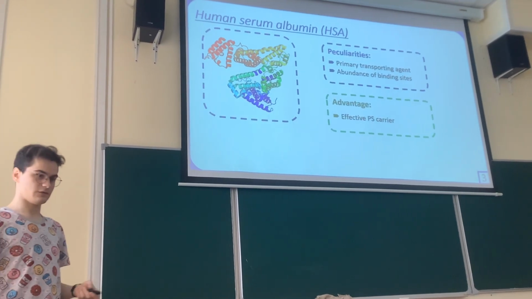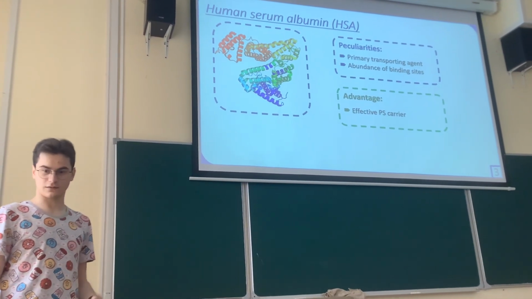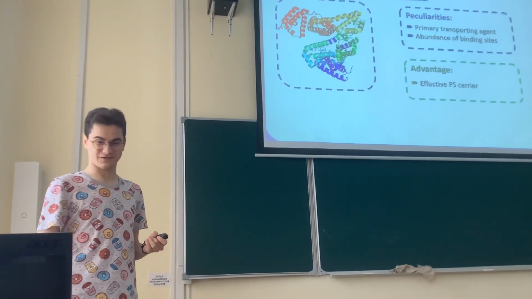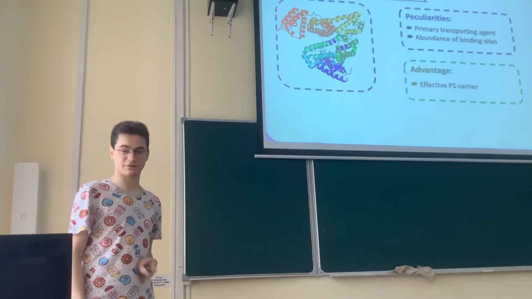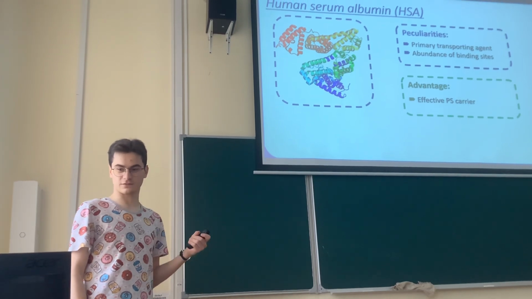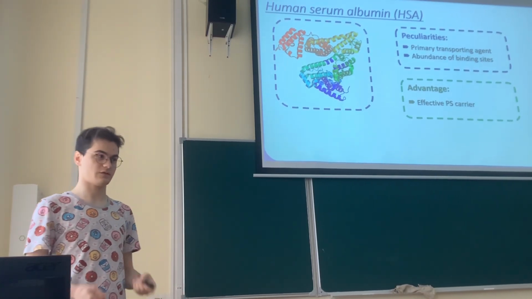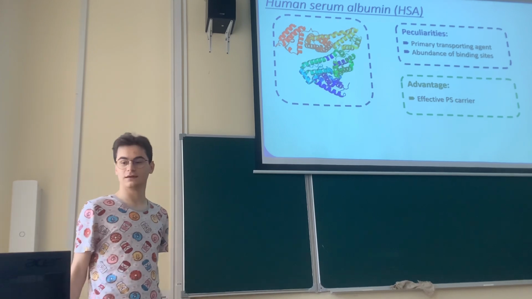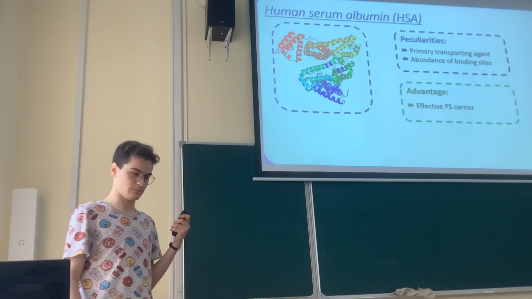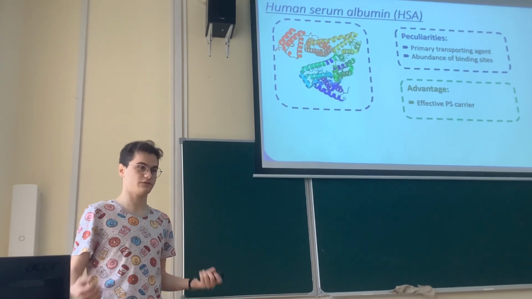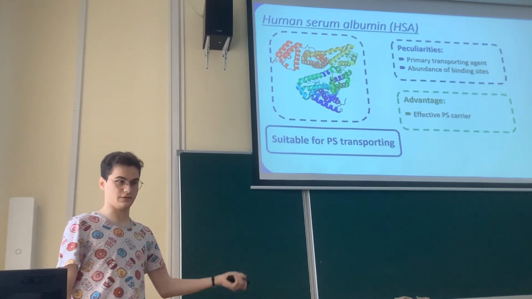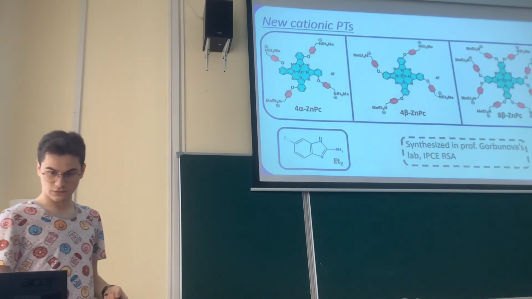To resolve some of these problems, we shall study a protein called human serum albumin. It has some rather interesting peculiarities. It is a primary transporting protein in our blood. It has an abundance of binding sites with various ligands, but most importantly, it is an effective carrier of PS, making it suitable for being the main transporting agent.